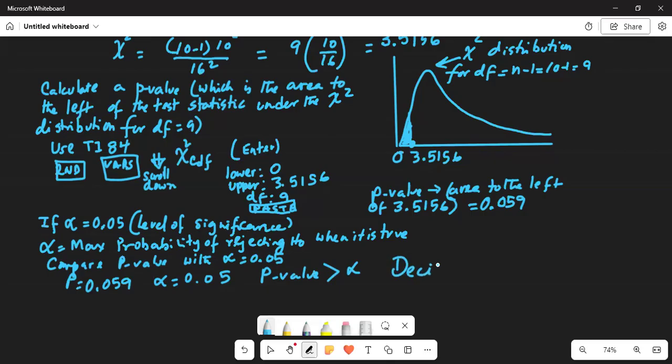Decision: do not reject, or fail to reject H0.